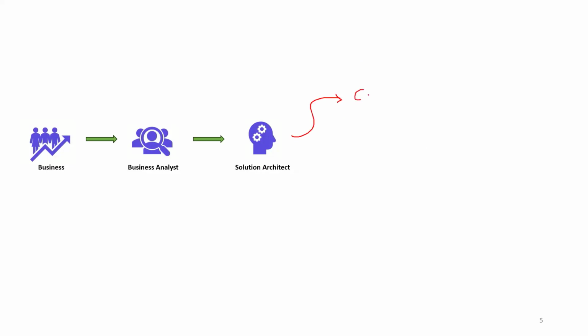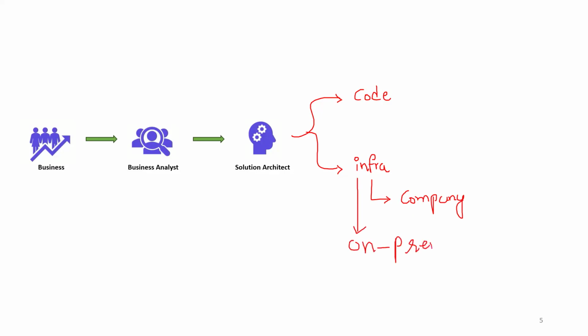The code is prepared by the developers, and where does the infrastructure have to be available? If you are following the traditional architecture, the company has to manage its entire infrastructure on its own. Such a model we call an on-premises environment.